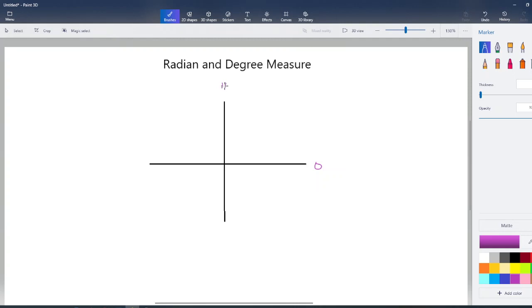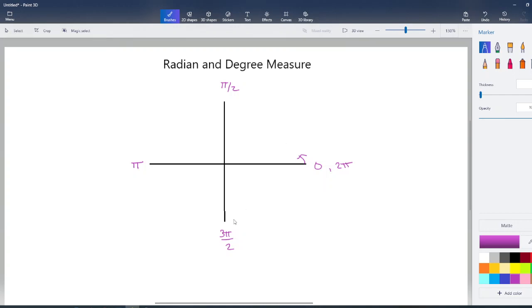This one is pi over 2. Right? This one is pi, and again, we're doing positive angles. We're opening upward, which is counterclockwise rotation. Remember, this one is 3 pi over 2, okay? And then when you get back around, that's 2 pi. Okay, so there's all of the basic angle measures set out there.